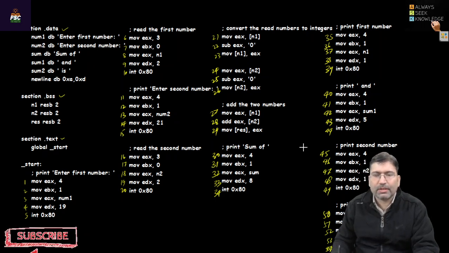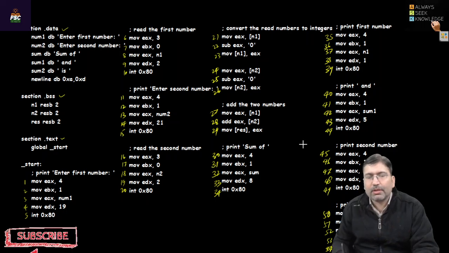These are the lines that are generated. So your two-number addition program is converted into this number of instructions.